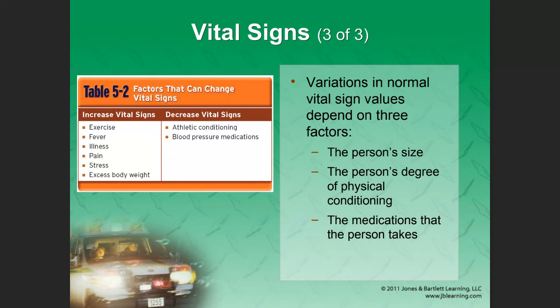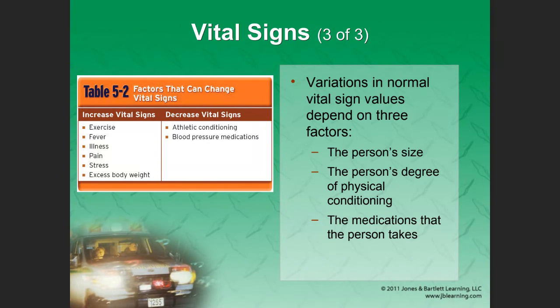Now, factors that can increase vital signs: if someone is exercising, their vital signs will go up. If someone has a fever, vital signs go up. If a person is ill, in pain, stressed, or has excess body weight, these will cause the vital signs to go up.